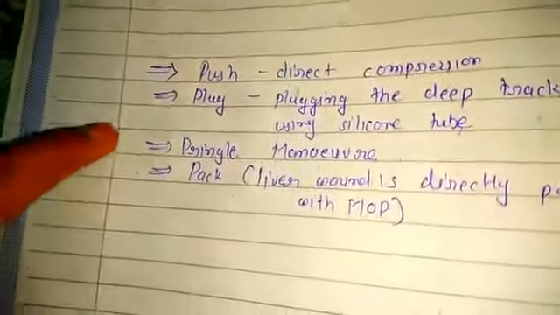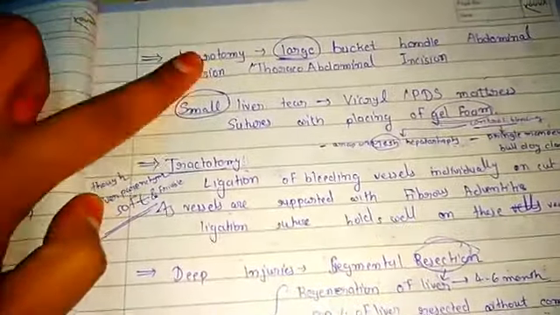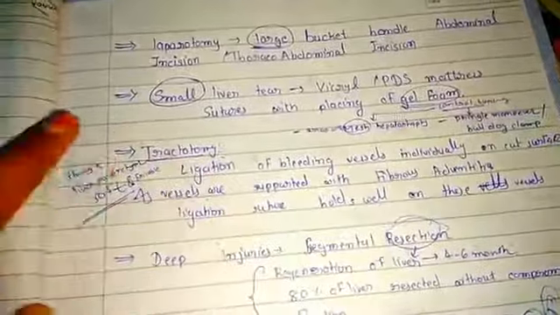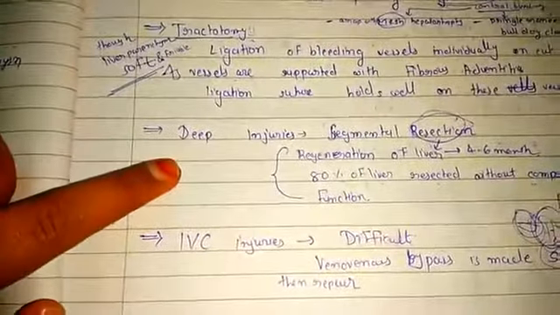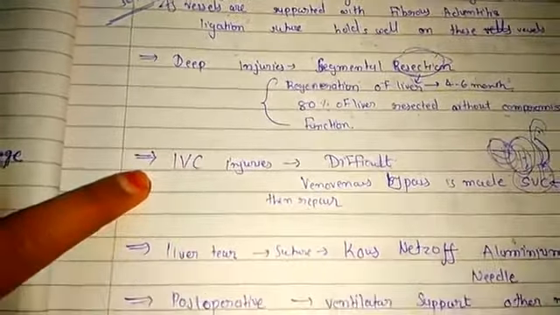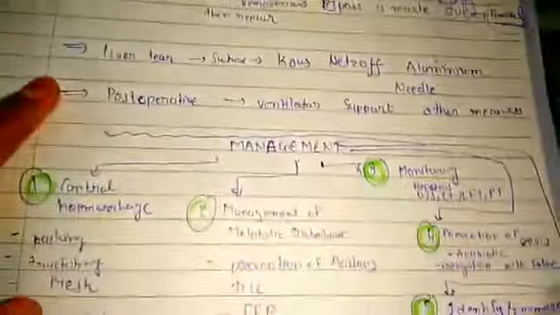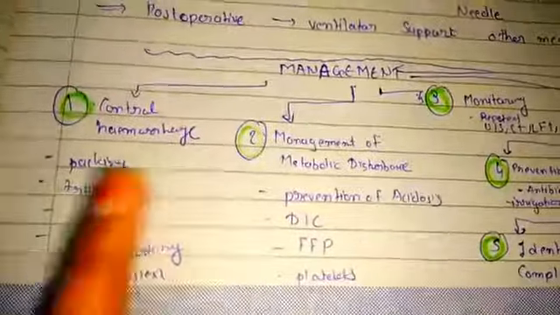To summarize: push, plug, Pringle maneuver, pack, then laparotomy for large incisions, small liver tear with Vicryl or PDS mattress suture, then tractotomy, then deep injuries, then IVC injuries, then liver tear, and then post-operative management.